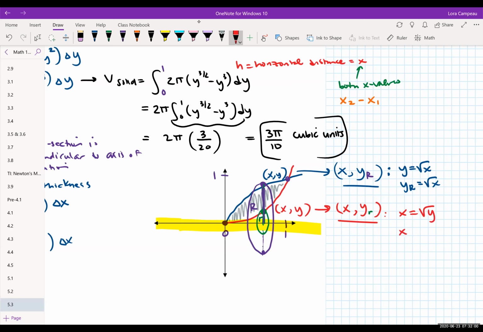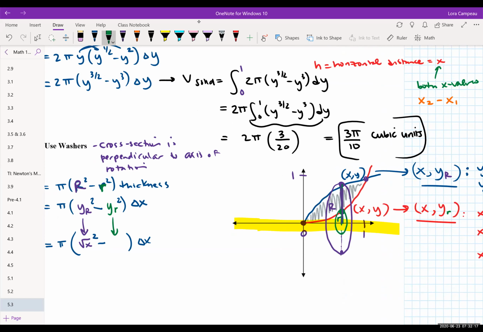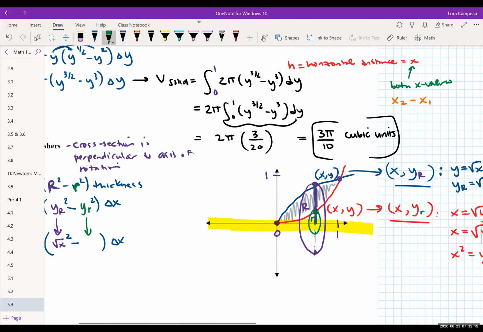But if you have x and y sub r, it should be square root of y sub lowercase r. So now we just square both sides, and we actually get who y sub lowercase r is. That allows us to change that to x squared. And don't forget, it was already squared. So you have everything in terms of x now.